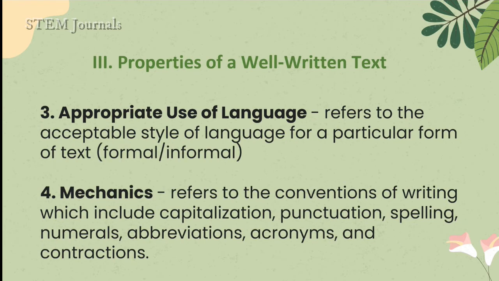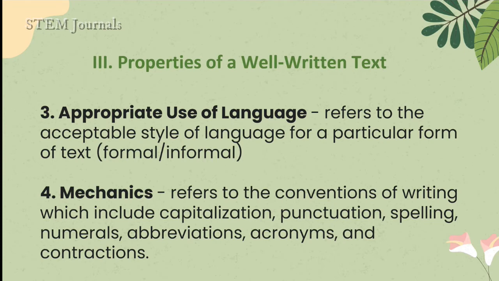Next is number 3, the appropriate use of language. Dapat talaga appropriate. Okay? Pero yung pinaka-property lang talaga dito that is being talked about is the use of language. So, of course, it depends on what kind of paper you are writing. Okay? So, the appropriate use of language refers to the acceptable style of language for a particular form of text.